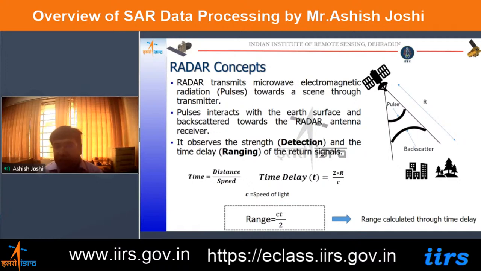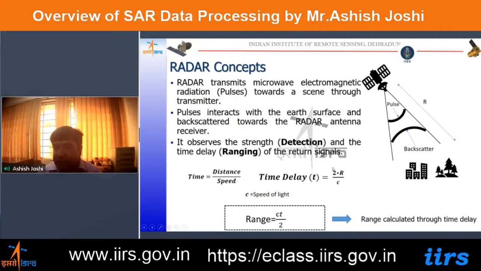So how is the range calculated in radar? From our formula, time equals distance upon speed, we will calculate the time delay. The distance is given by 2r. Why 2r? Because the pulses will travel the distance twice, the range.